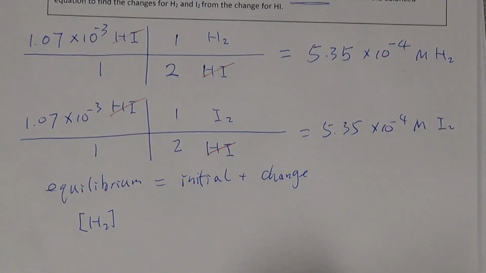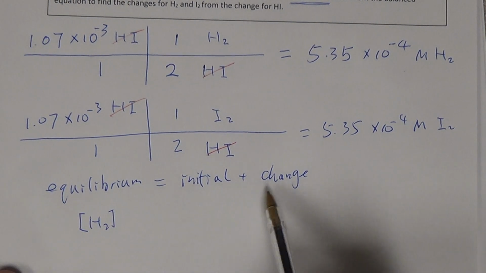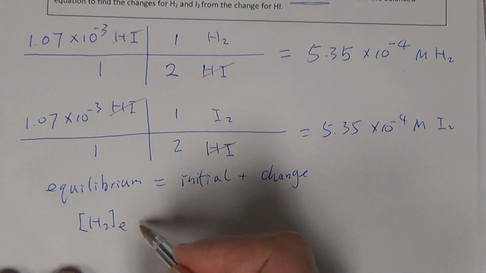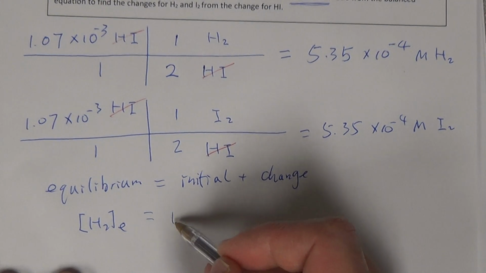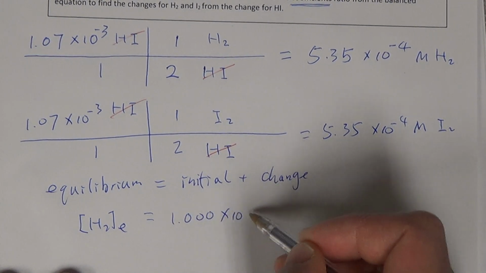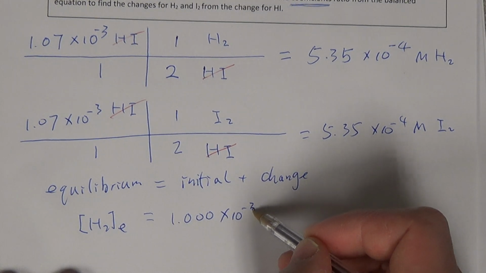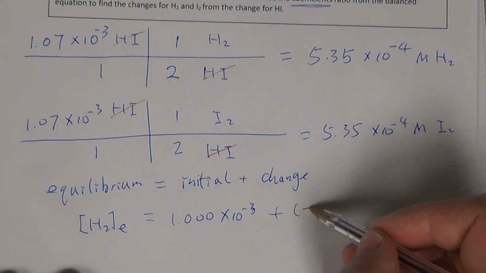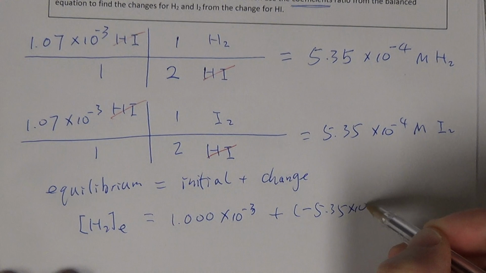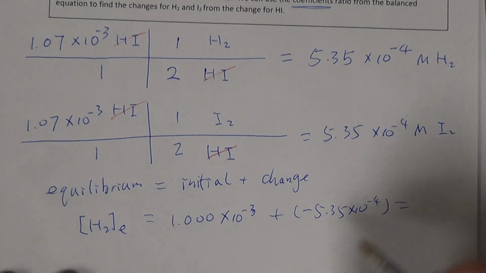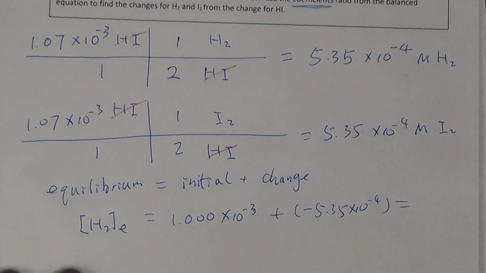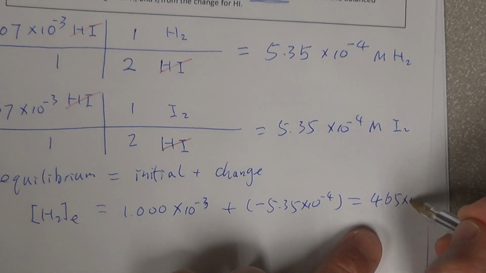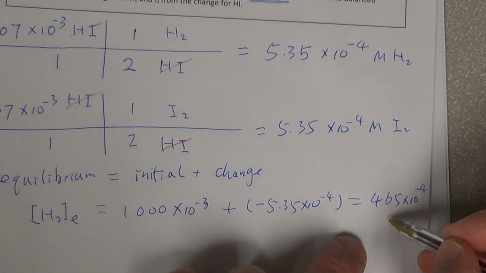If we write the H2 concentration, using angle brackets to mean molarity, at equilibrium it equals the initial, 1.000 times 10 to the negative 3, which is the initial concentration for H2, plus the change, which is negative 5.35 times 10 to the negative 4. Putting these two numbers together, you get 4.65 times 10 to the negative 4 capital M.